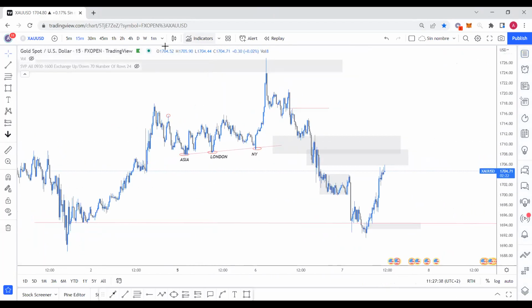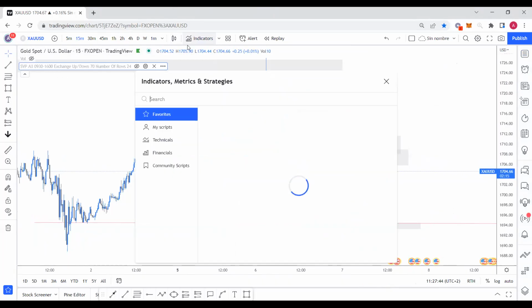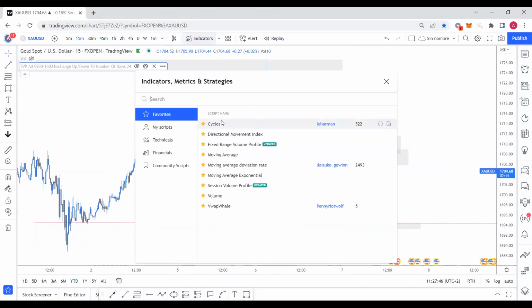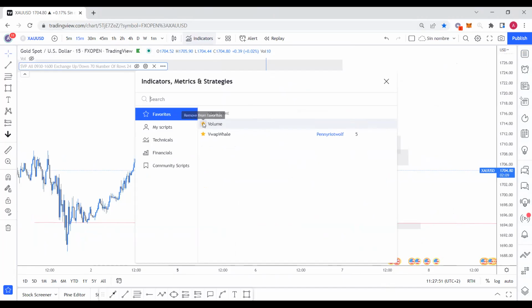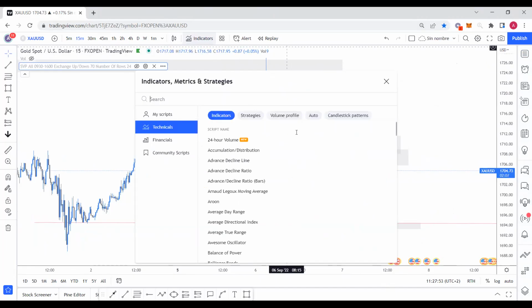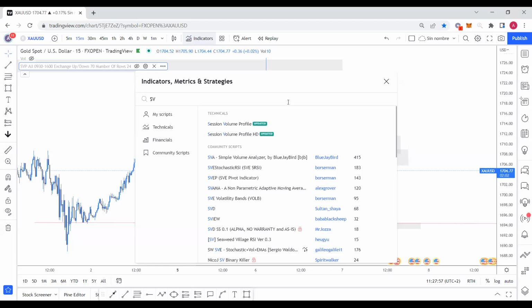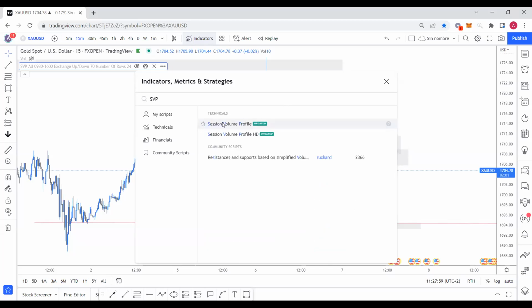So how to add this indicator right here, SBP. I've shown you multiple times on the group, but now let's have a look. I'm not sure why I have all of this. So guys, you just want to go onto TradingView and search for SBP, which is the session volume profile, and add it, okay?